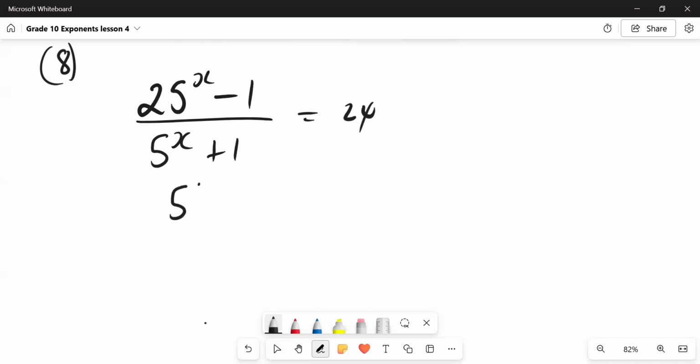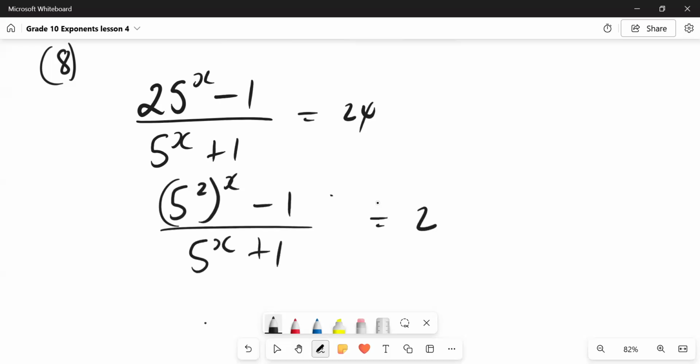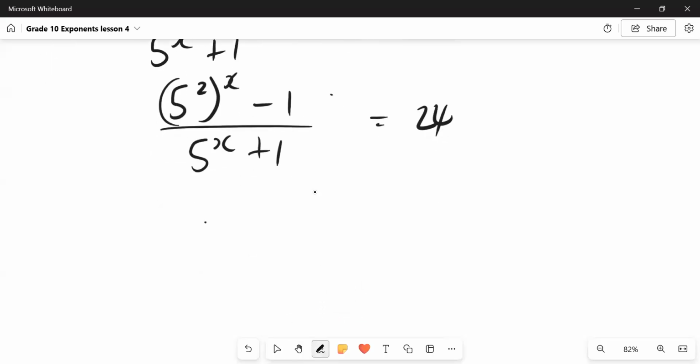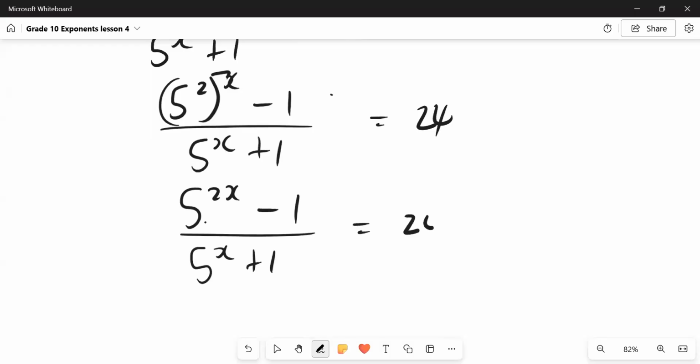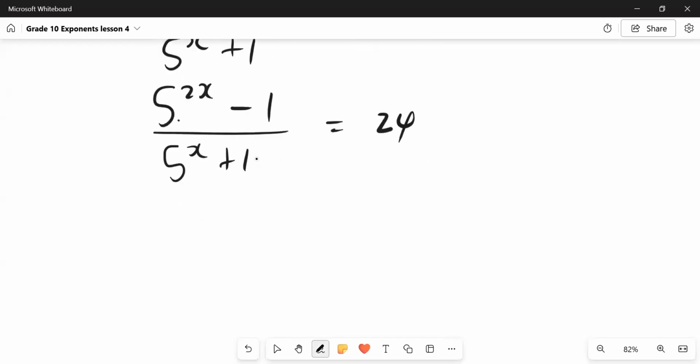This can be expressed as 5 squared to the power of x minus 1 over 5 to the power of x plus 1 equals 24. And then from here, you distribute, you get your 5 to the 2x minus 1 equals 24. And then from here, you can factorize.